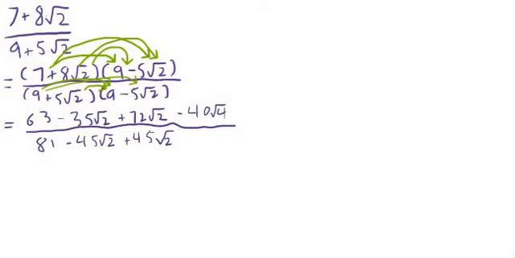Then plus 5 root 2 times minus 5 root 2 is, well, just 50. Technically you could say it as 5 times 5 is 25 root 4, but root 4 is equal to 2, so it'll be 25 times 2, that's 50.